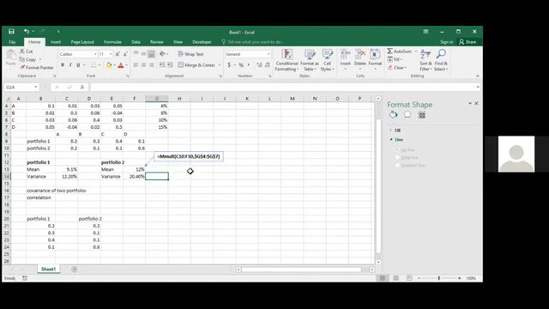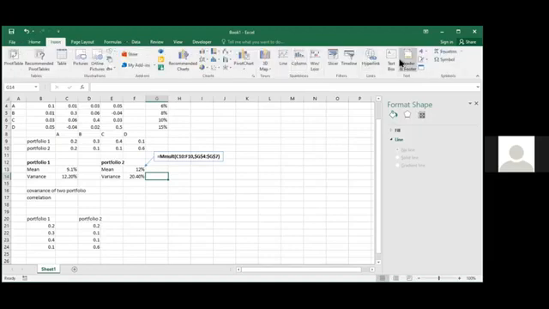Now you can enter the equation here: insert text box.